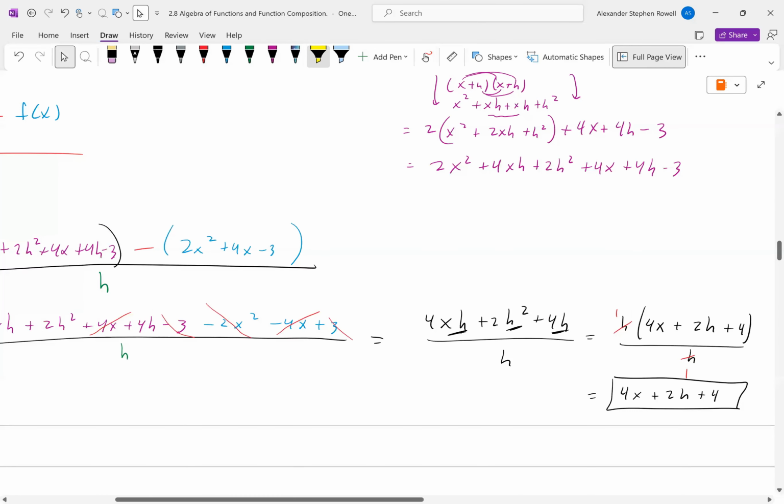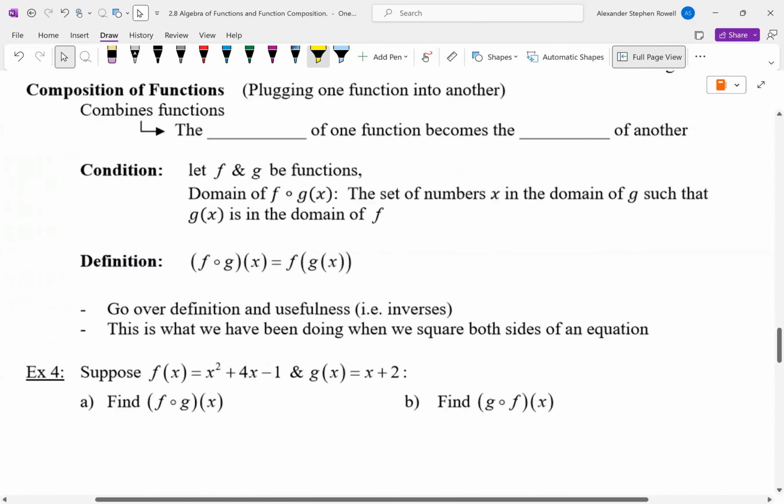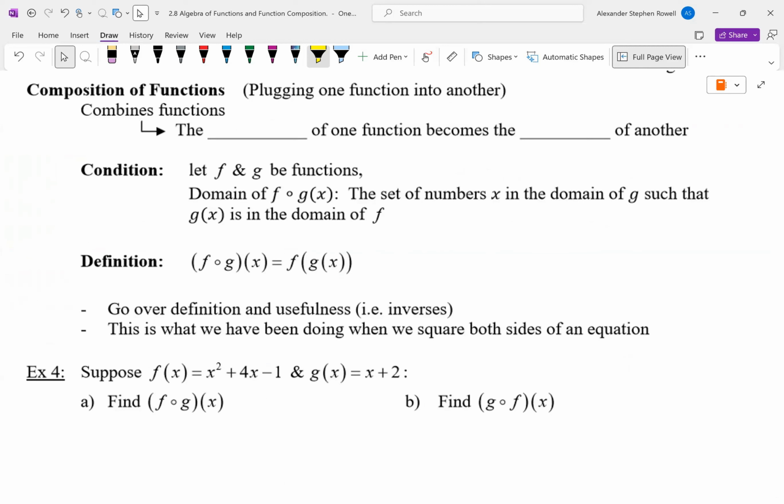All right, any questions about this process? All right, the next thing we're talking about is composition of functions. So not only can we add, subtract, multiply, and divide functions, we can plug one function into another. That's what's called composition of functions.